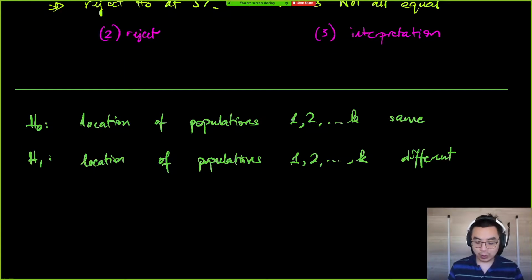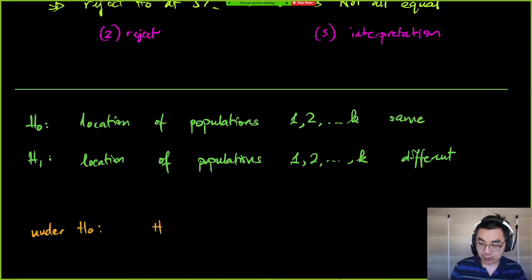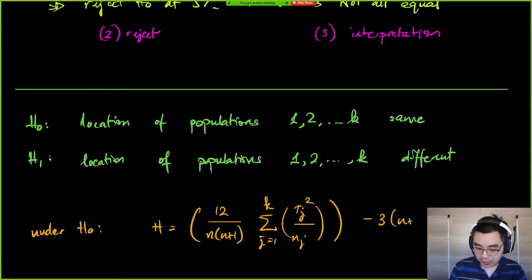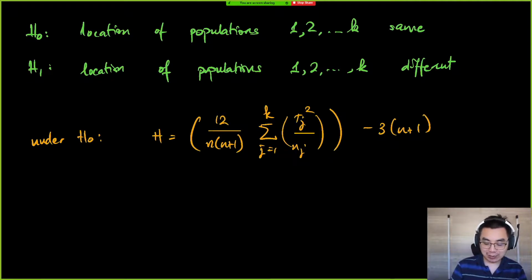The Kruskal-Wallis test uses the following test statistic under the null. This quantity, which is called H, is equal to 12 over n times n plus 1 times the sum from j equals 1 to k of Tj squared over nj, minus 3 times n plus 1, where n is the overall sample size.